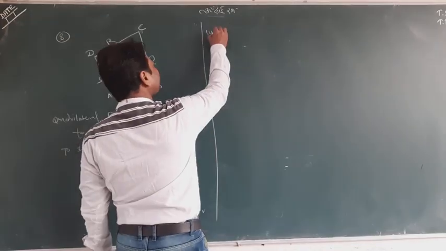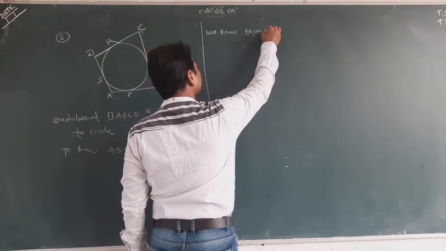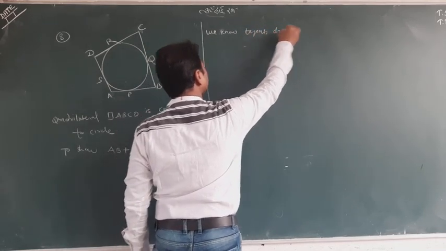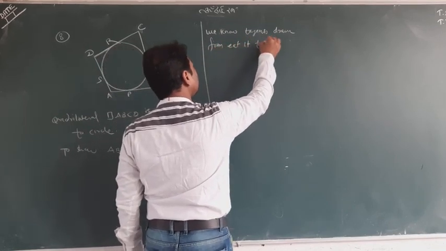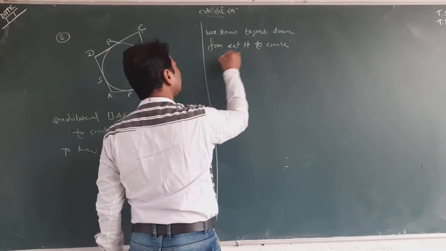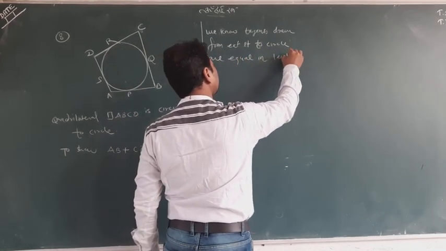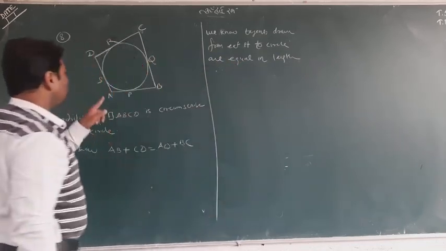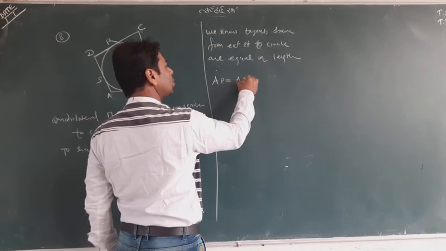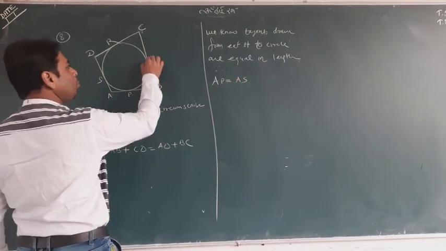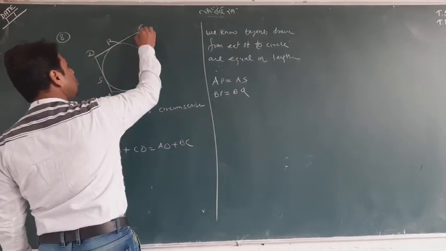We know tangents drawn from an external point to a circle are equal in length. AP equal to AS. Look at it. We have BP equal to BQ. We have CQ equal to CR.